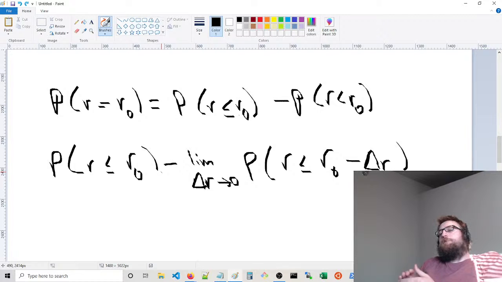Basically, I want to show the probability function is like a square root. That's kind of what I'm going for. It's hard to show this.